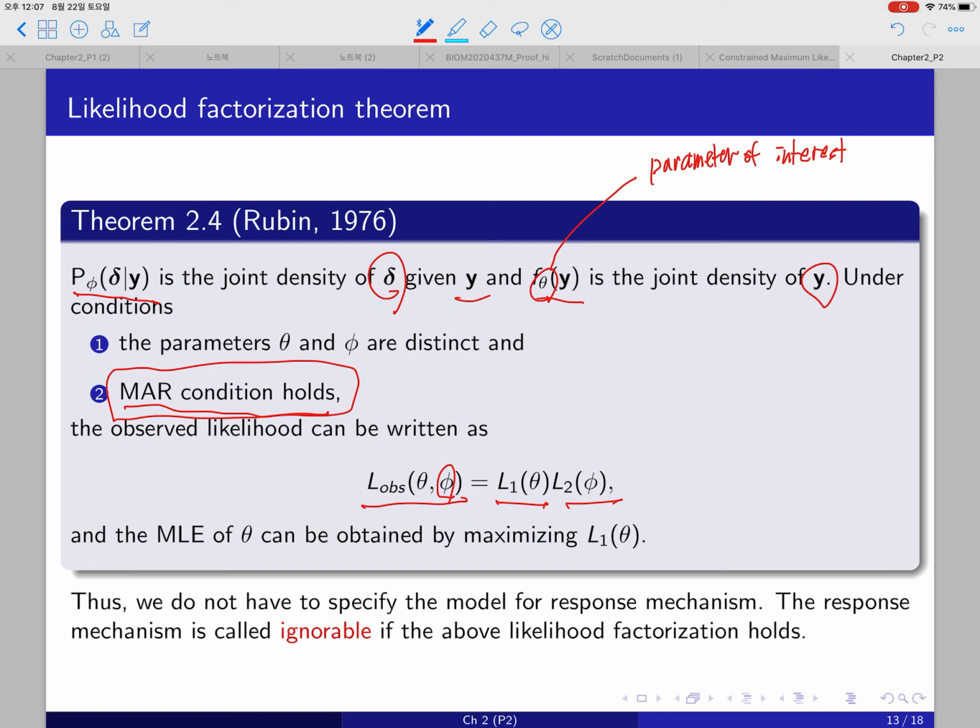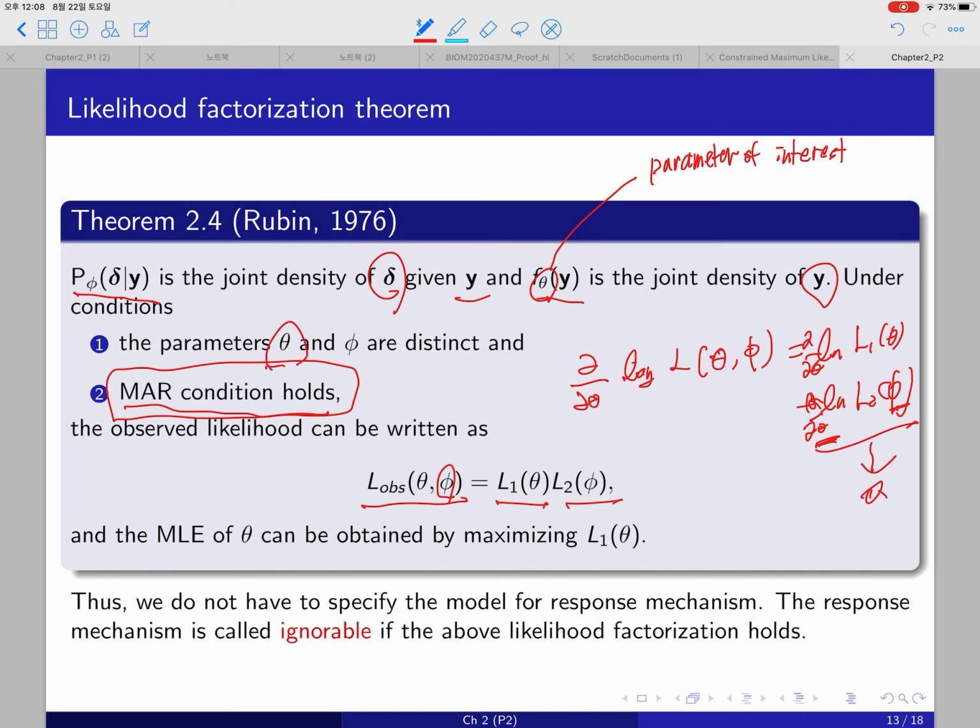Once you do that, if you take the log, the log likelihood is log L1 of theta plus log L2 of phi. If you take the differentiation with respect to theta, which is the parameter of interest, the second part is 0 because phi does not depend on theta.